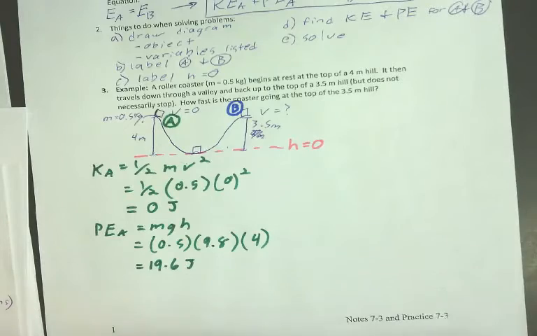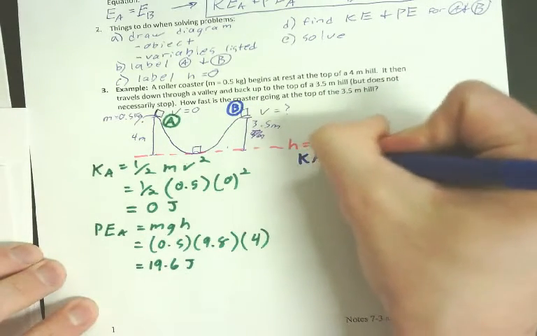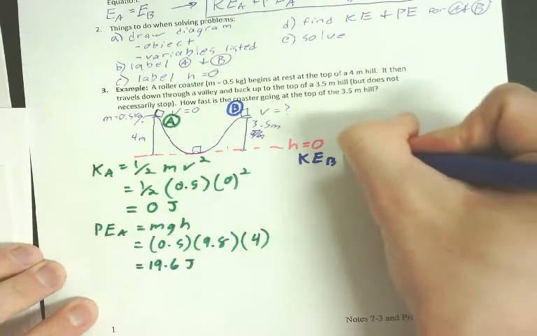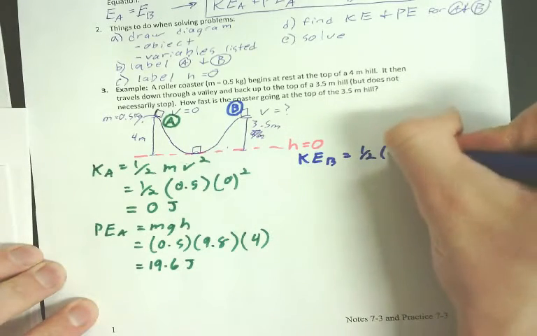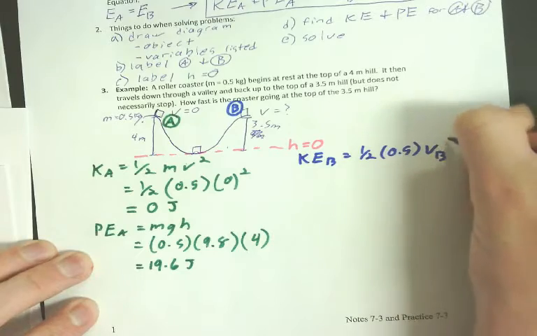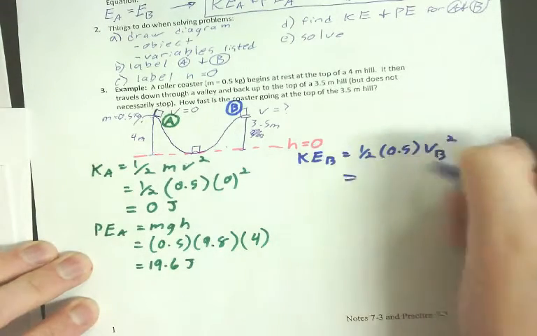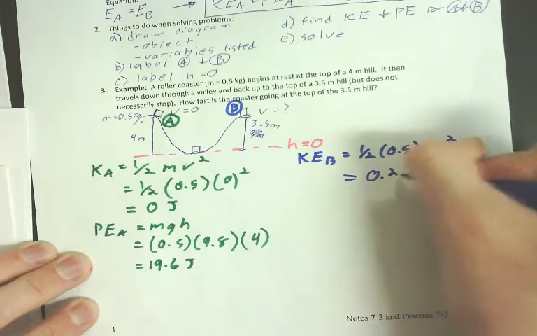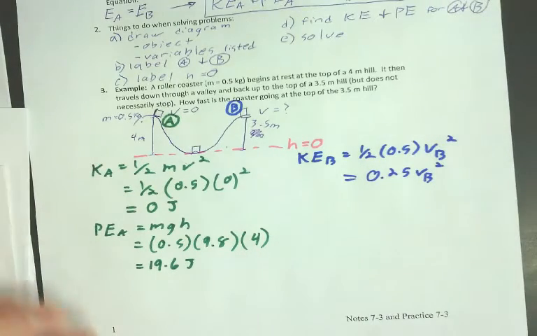Now I'm going to do the exact same thing for B. Kinetic energy at B. 1/2 mv squared, so 1/2 times the mass, which is 0.5, times its velocity, which we don't know, so we just write vB squared. Half of 0.5 is 0.25, and just leave the vB squared to hang around for the ride for right now.